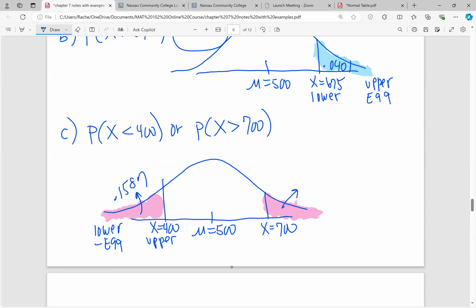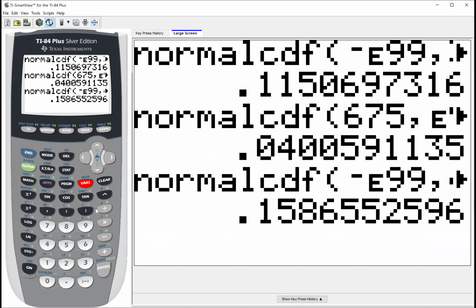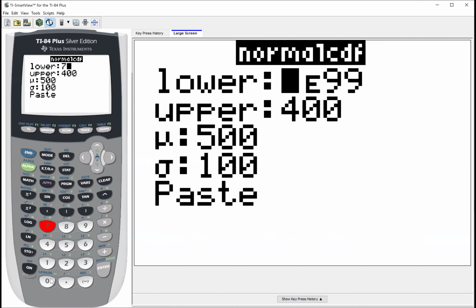Now I have to get the upper area. So we're shading to the right of 700. So 700 is going to be the lower bound. And then the upper bound is going to be positive infinity because we're shading to the right indefinitely. So we'll go back to the calculator. Normal CDF. The lower bound is 700.